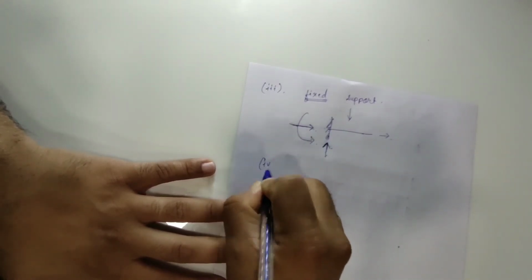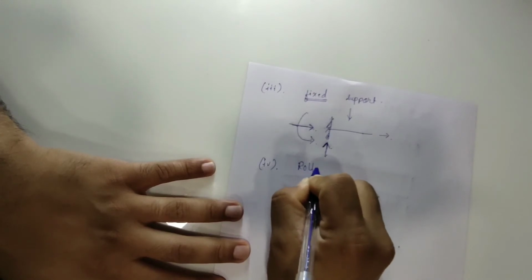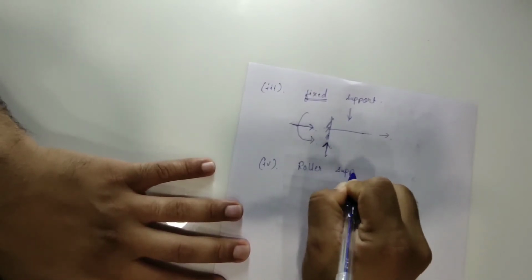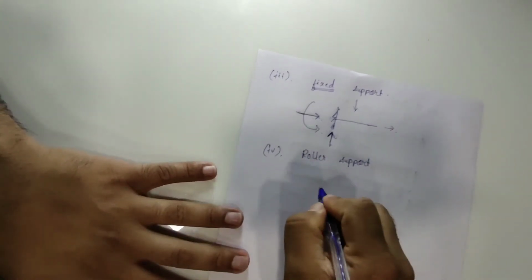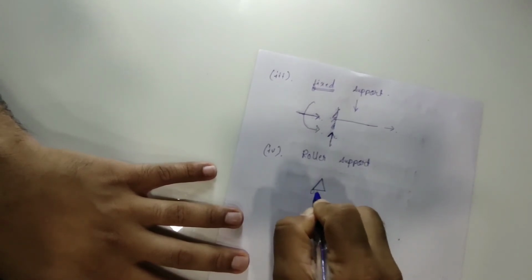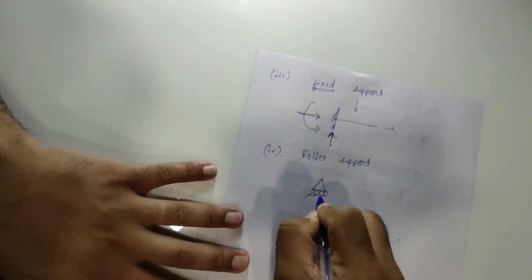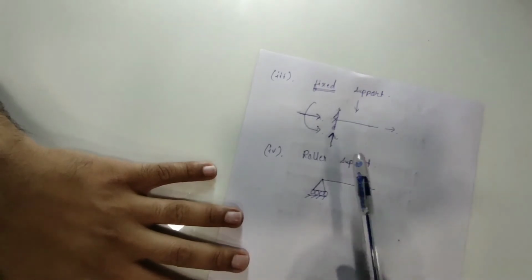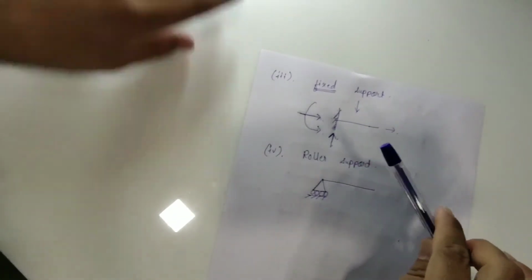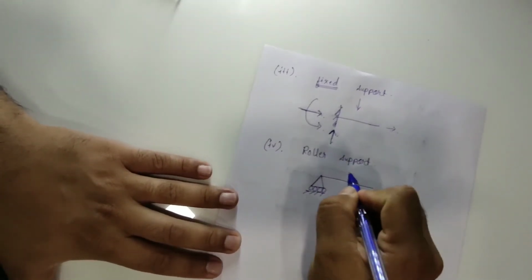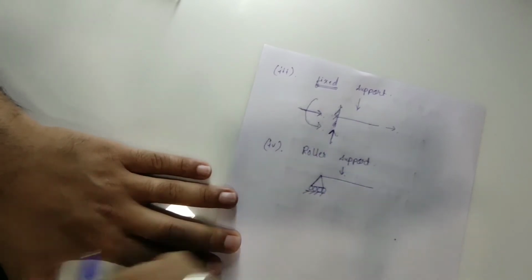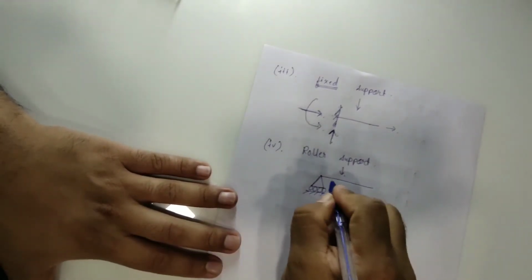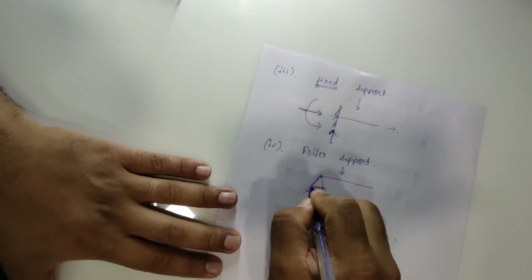And the last one is roller support. The roller support symbol is like this, some rollers are provided at the end. Suppose I am taking this pen as an example. If vertical load is acting on this span, it can be taken by this support.